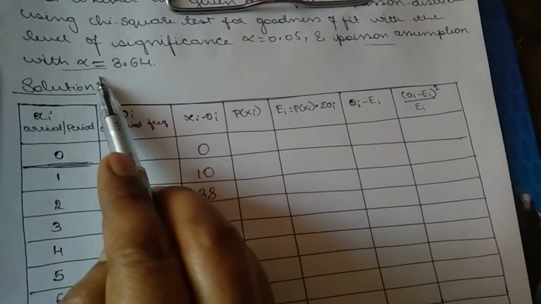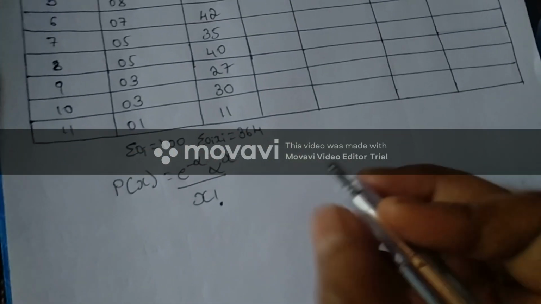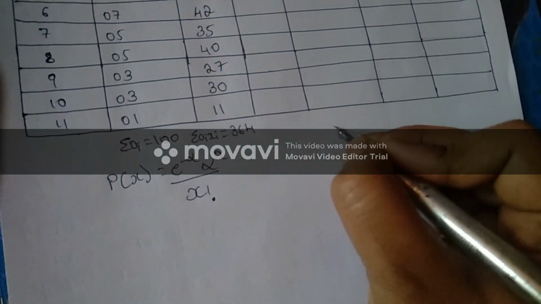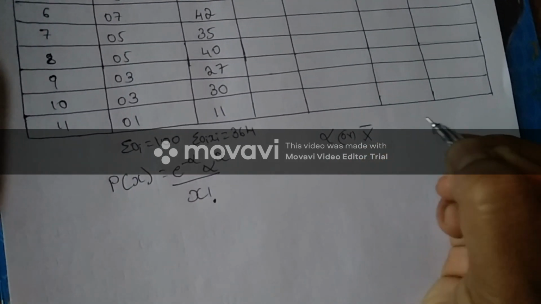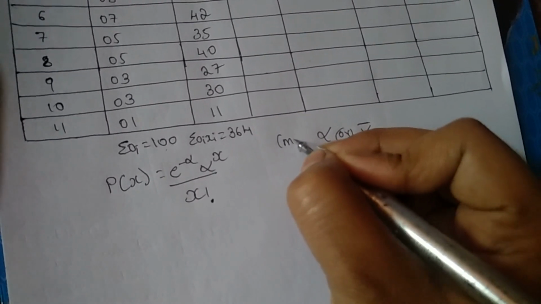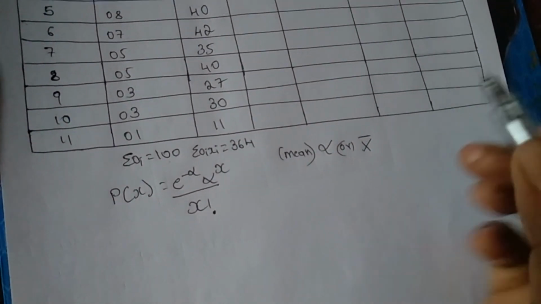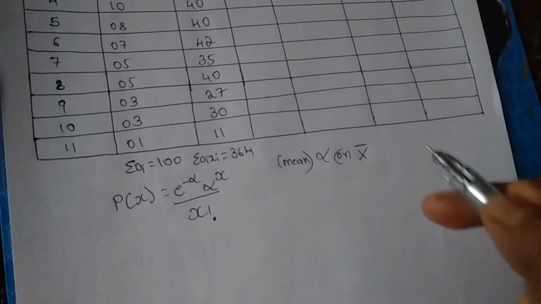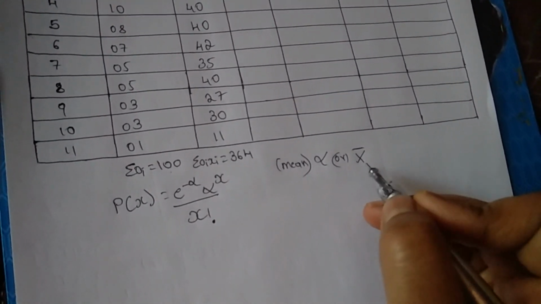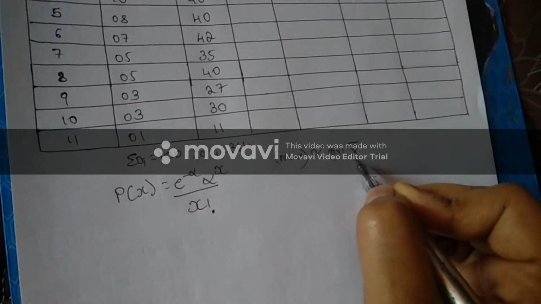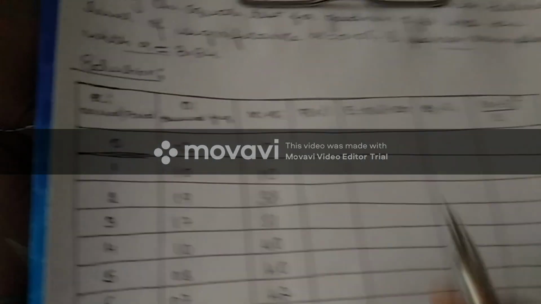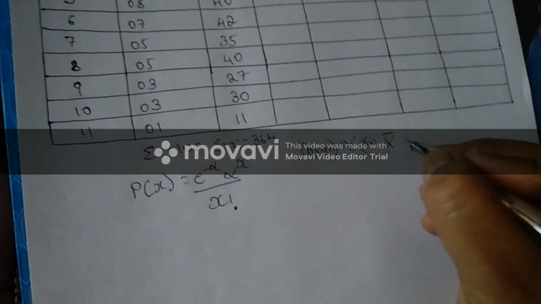If the Poisson assumption is not given, how will you find it? You can take it as alpha or as x bar. Both are called the mean. Sometimes they specify mean is equal to, sometimes alpha is equal to, sometimes x bar is equal to. All these are the same. If alpha is not given, how will you calculate?